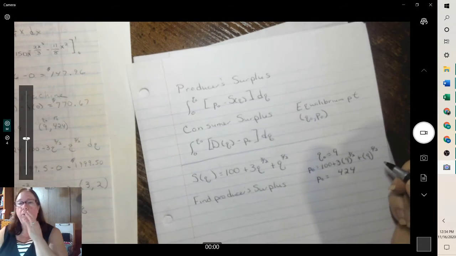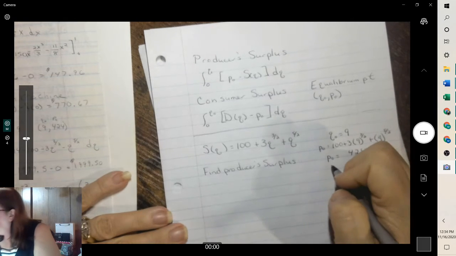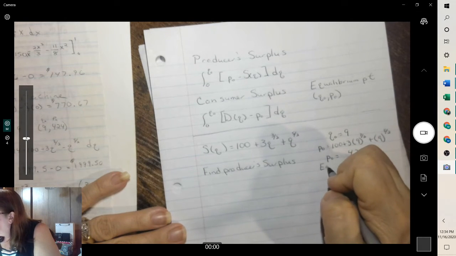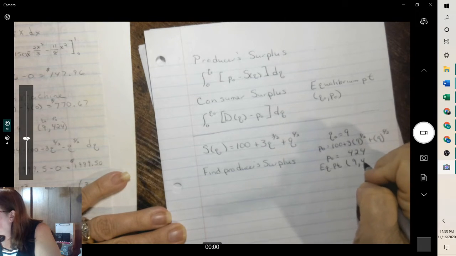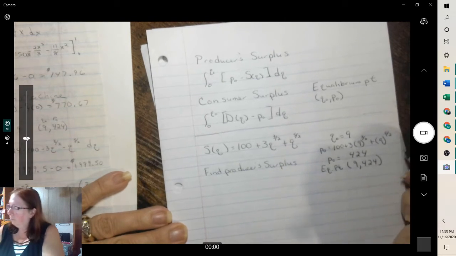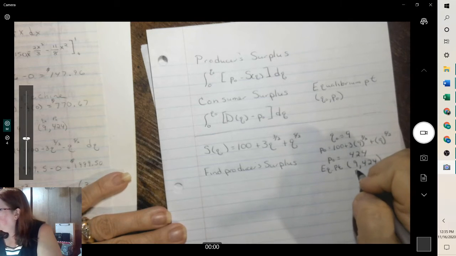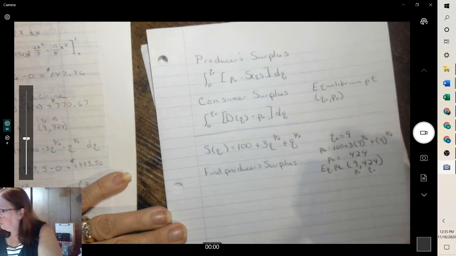And you get 424. So the equilibrium point is 9, 424. So this is our P sub 0 and our Q sub 0.